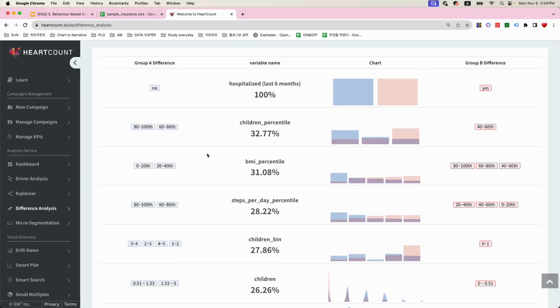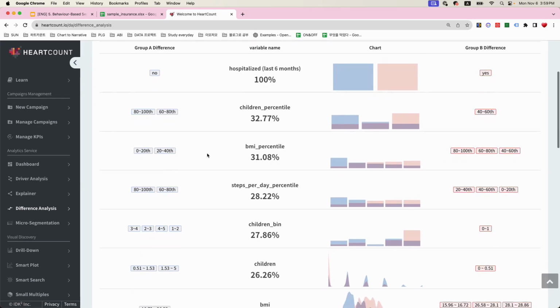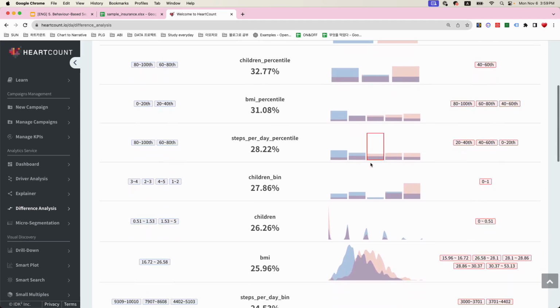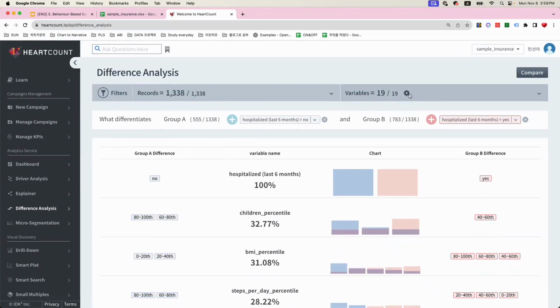So for instance, the number of children and BMI show significant non-overlapping areas in their distributions, indicating these variables as potential differentiators.